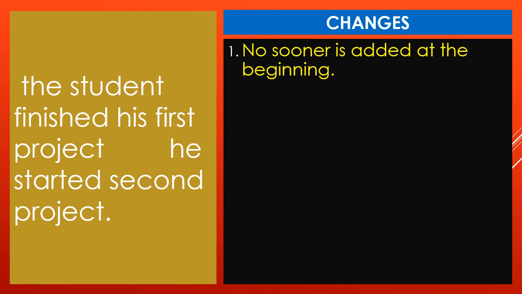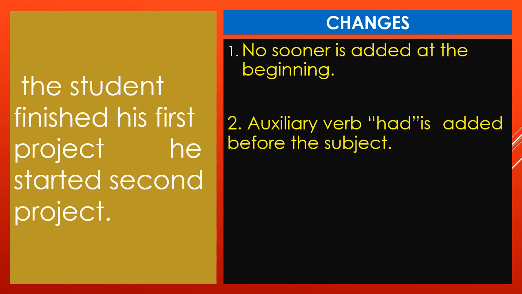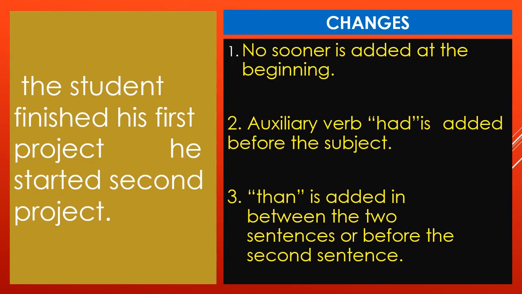See here, changes that have been made for the previous sentence. What are the changes? Here, no sooner is added at the beginning of the sentence. Auxiliary verb had is added before the subject. Than is added in between the two sentences. That is nothing but at the beginning of the second sentence.